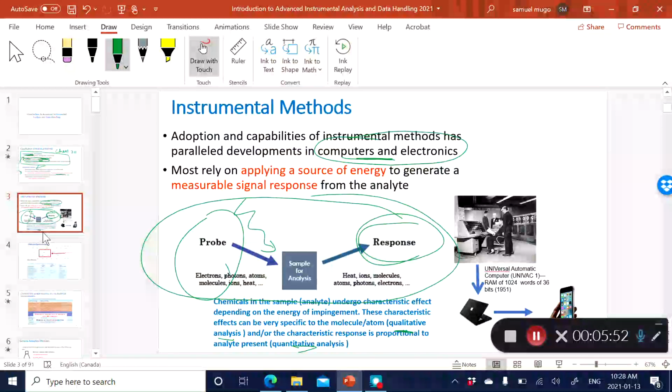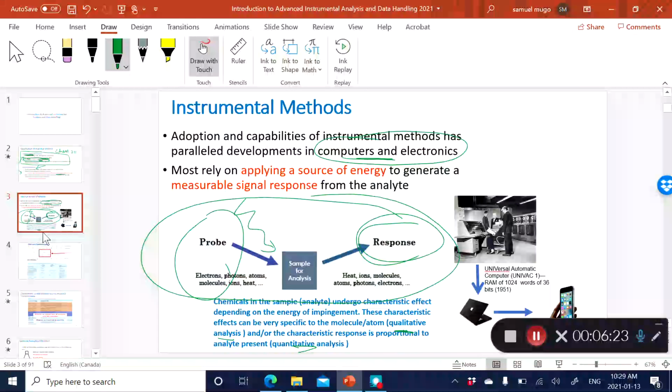Now remember, in most cases, this energy is impinging on the chemical, what you refer to as the analyte. The analyte is the chemical species of interest that is present in the sample, whatever you are interested in. And so that analyte, of course, we all know a molecule or an atom has electrons around the nuclei. And so most of this energy actually goes into perturbing those electrons.